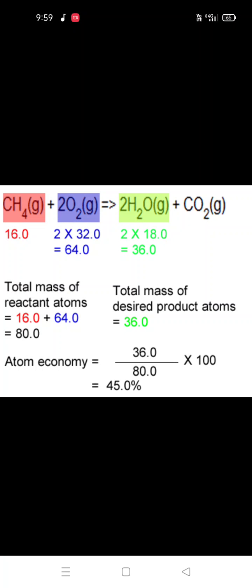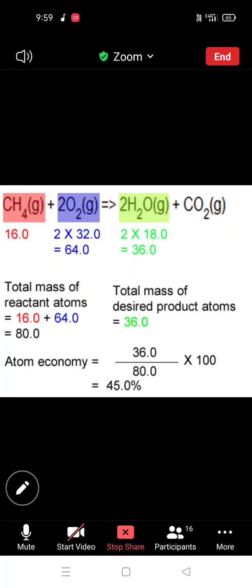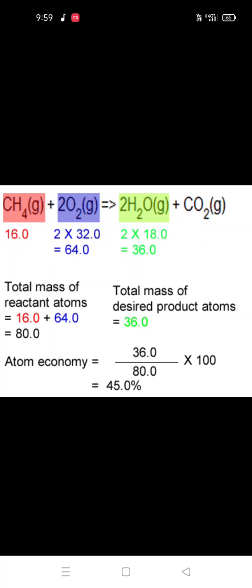If, for example, you prepare carbon dioxide in this reaction, in this case, the total mass of the desired product atoms is 36. So how much atomic mass are we using in the reactants? 80, and actually we are getting only 36.